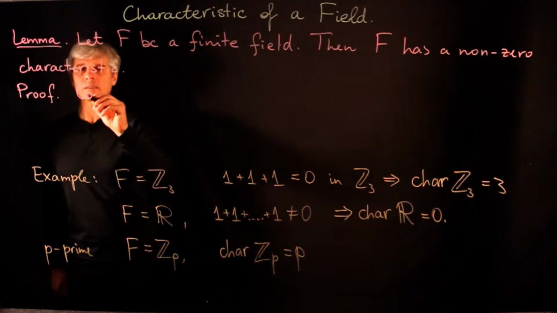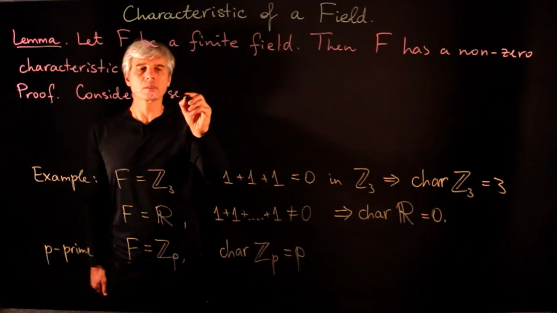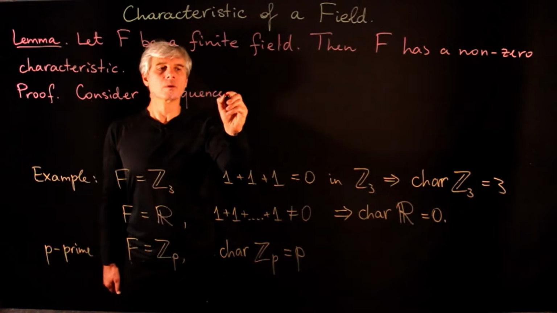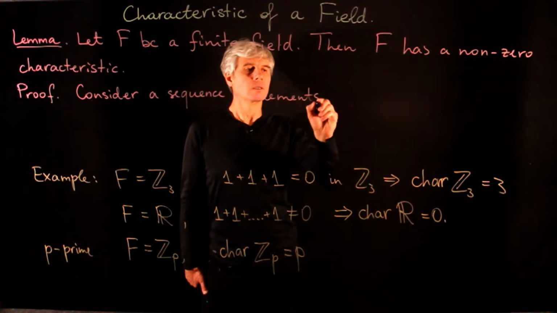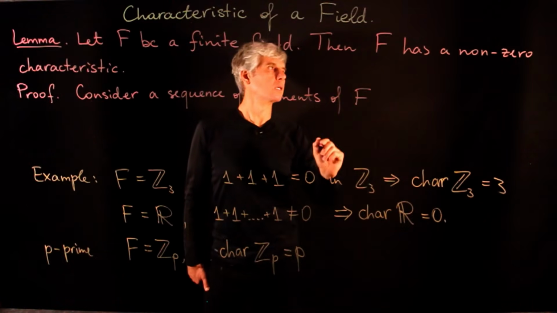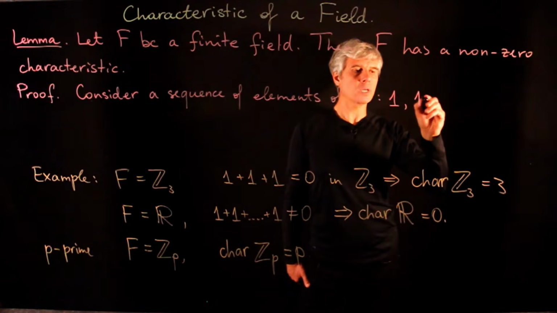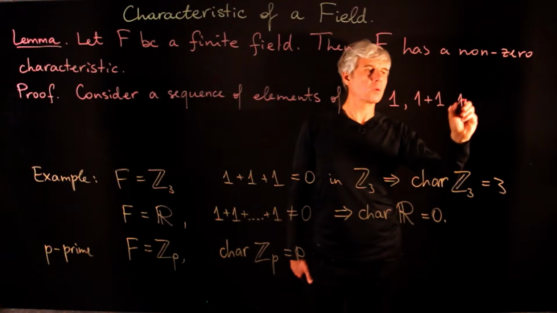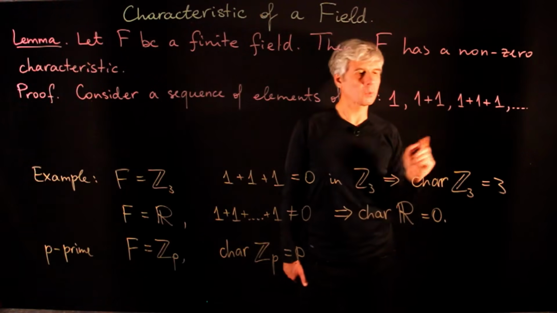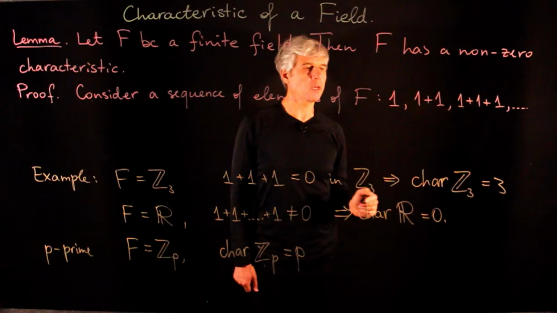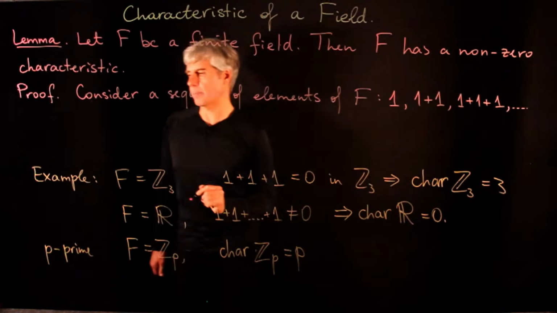we consider a sequence of elements of F. So we start with 1, then we take 1 plus 1, then we take 1 plus 1 plus 1, and so on. So we just add 1 every time. And we consider an infinite sequence of this type.